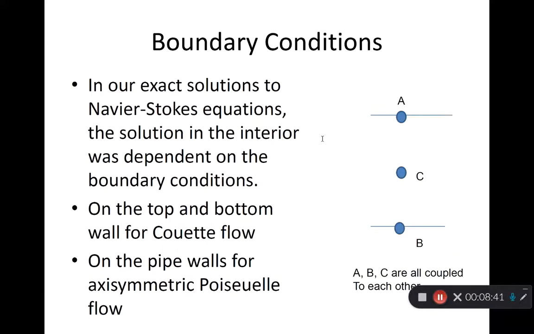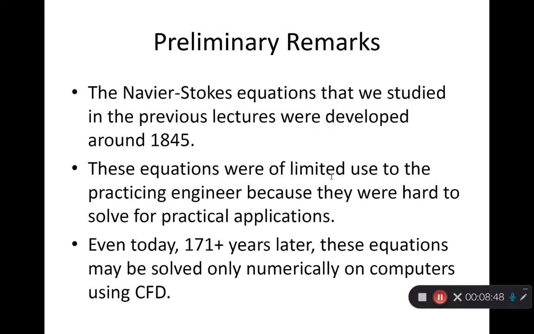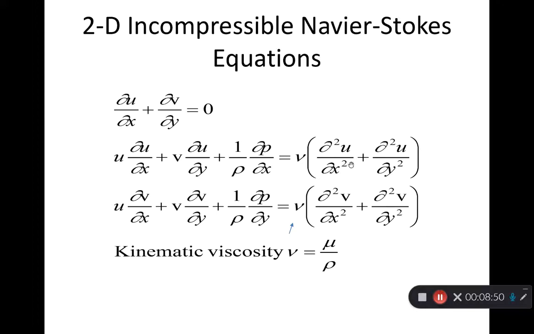Another problem was, if you look at the governing equations, they are all second order accurate in space. Second order accurate here, second derivative. So when you have a second derivative, you need two boundary conditions. One maybe at the lower boundary of a lower flat plate, for example in the Couette flow, and the one on the upper boundary, which is the upper flat plate.